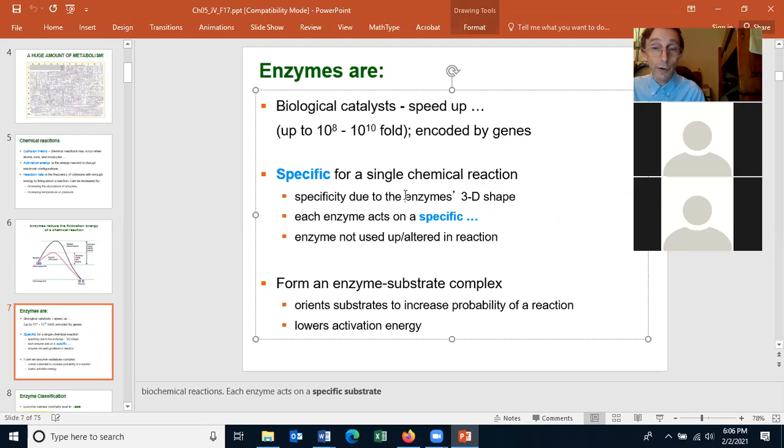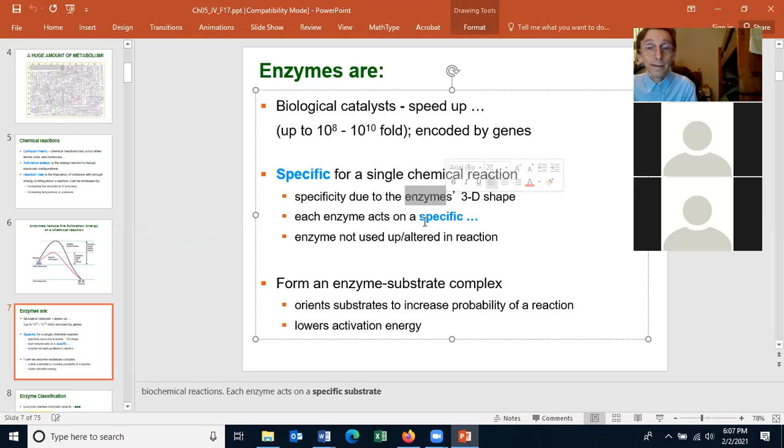It's not entirely true, but for this class we can say that as a rule of thumb, enzymes bind to one specific molecule. And in the case when they don't, like they bind to one molecule and a drug, the drug is mimicking the shape of the substrate. Okay? Any question about that part?